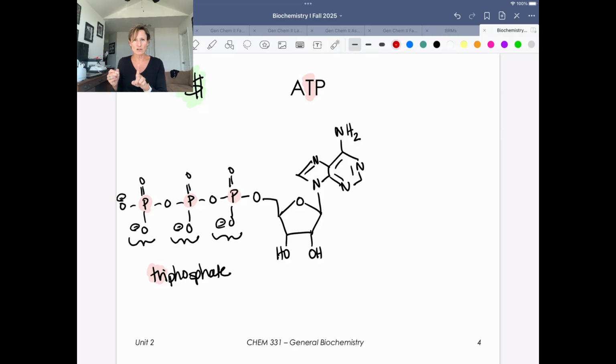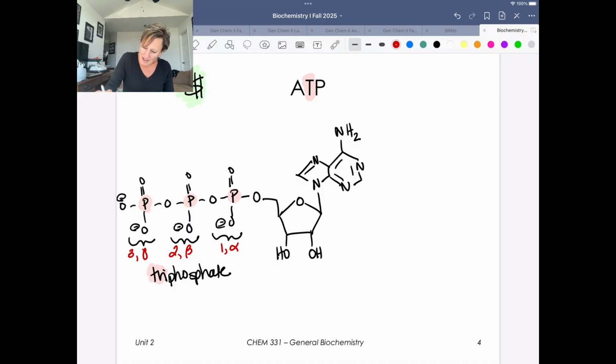We give Greek letters to indicate their position relative to the nucleobase. The first one away is referred to as the alpha phosphate. The second one away is the beta phosphate. And then the terminal or third one away is considered to be the gamma phosphate. So alpha, beta, gamma, those first 3 letters in the alphabet.